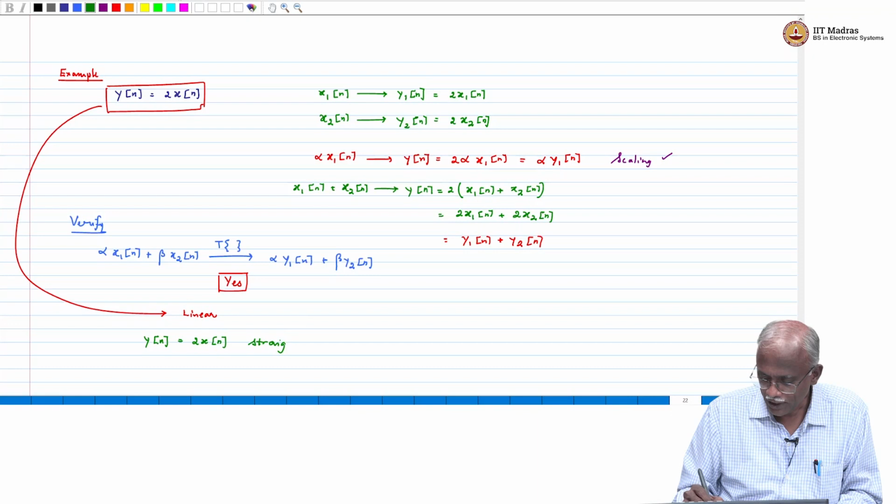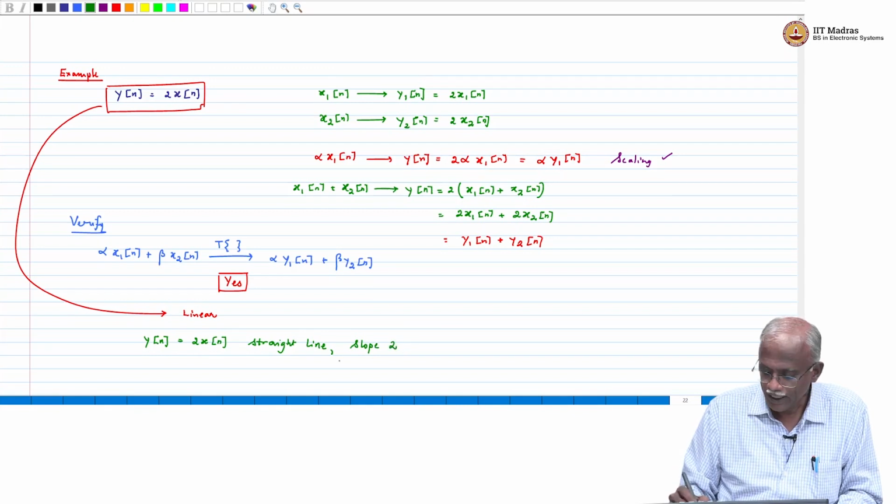Analytical geometry, a straight line. What is the slope? Slope is equal to plus 2, and the line passes through the origin.